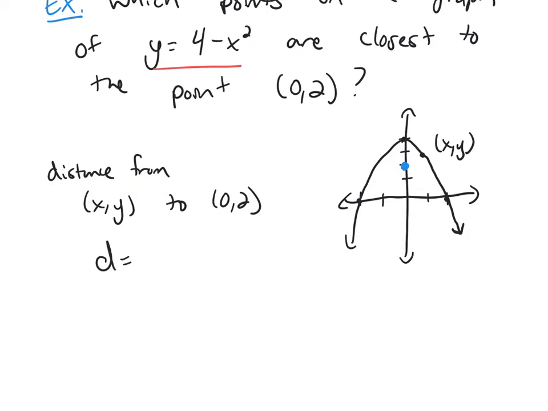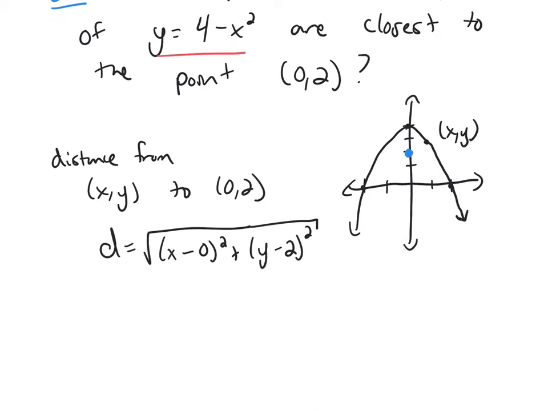The distance is the square root, and then you subtract the x's, x minus 0 squared, plus, and then subtract the y's. So that's the function we need to minimize here. D equals the square root of x squared plus y minus 2 squared.